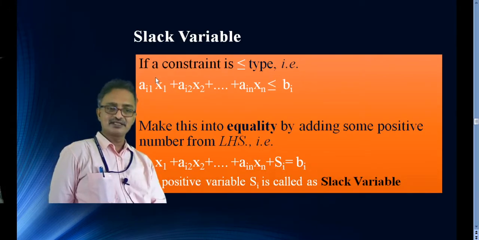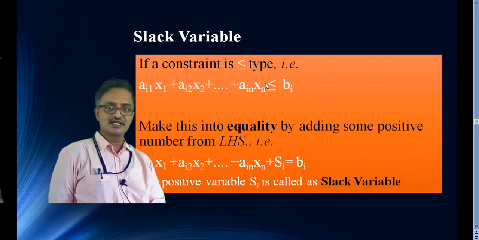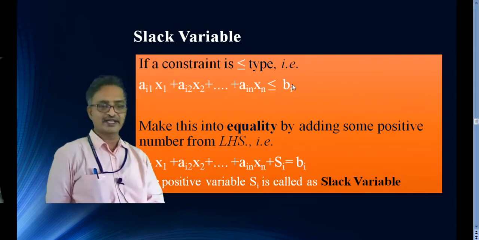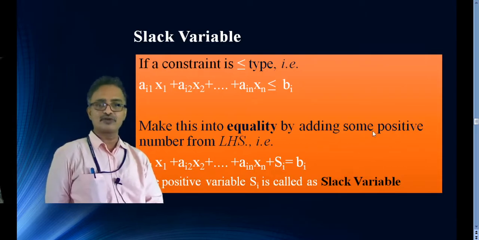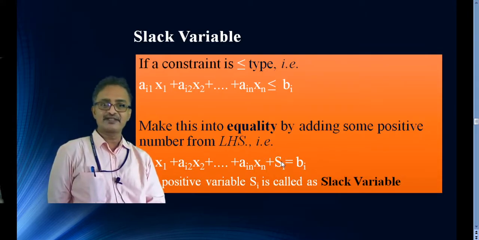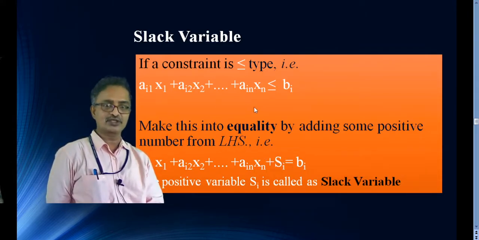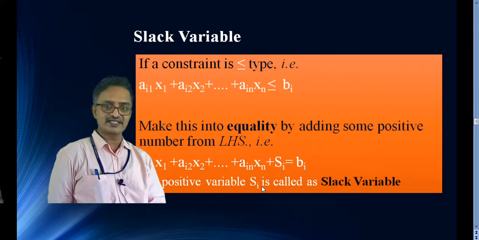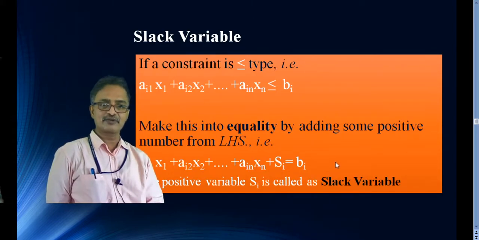That means the left hand side of the constraint is lesser by some value than the right hand side. That is a positive quantity, so that has to be added to the left hand side so that we can convert this inequality into equality. This positive variable, which we represent as Si, is called a slack variable.